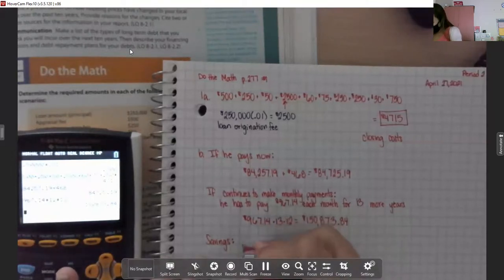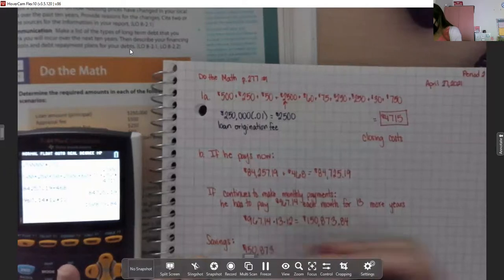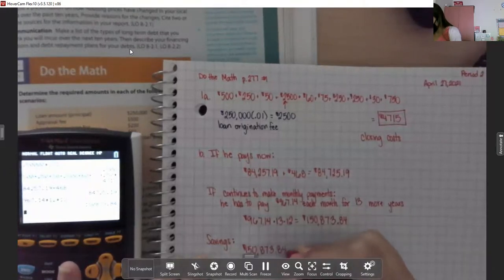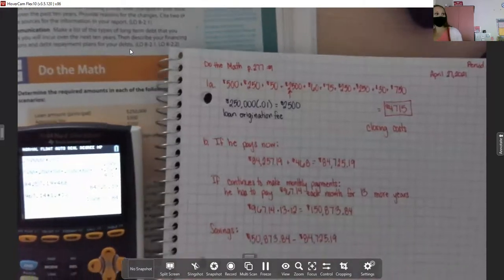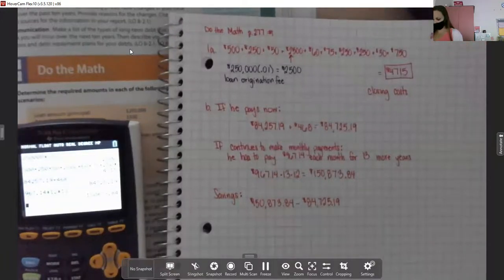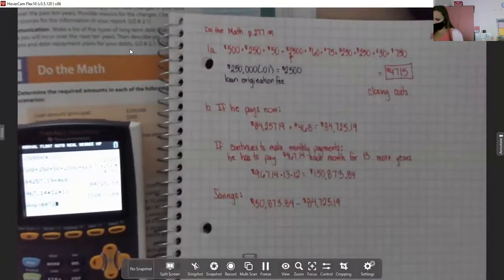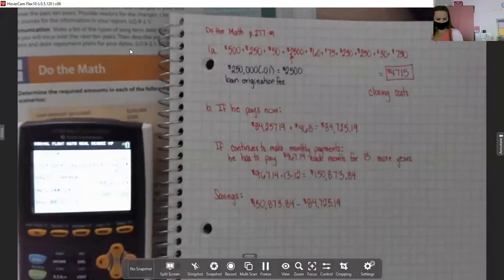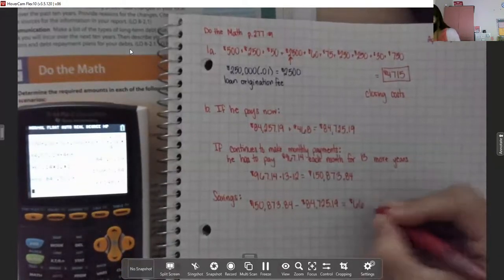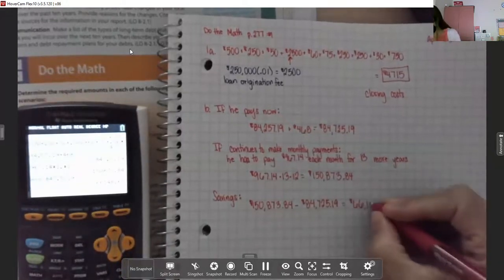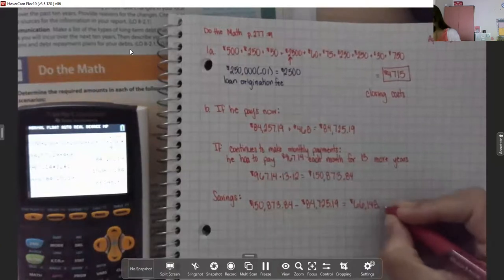So if he continues paying, it's the $150,873.84 minus if he pays now with that penalty, that's a savings of $66,148.65.